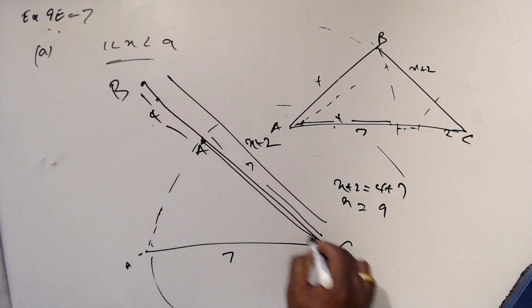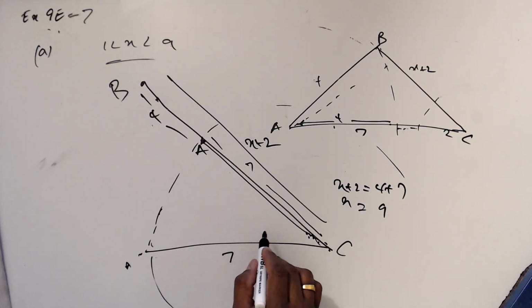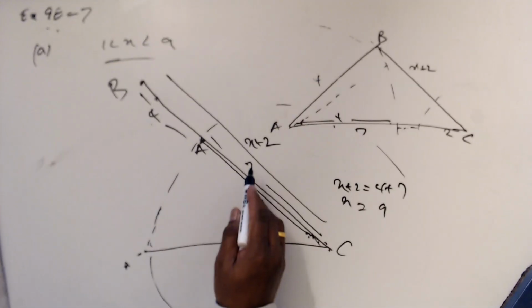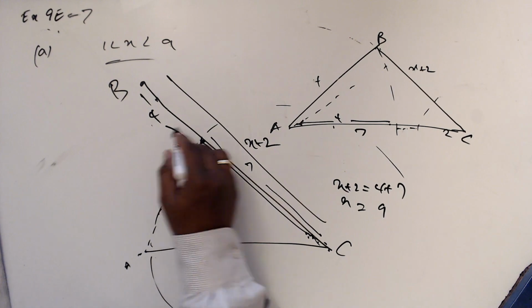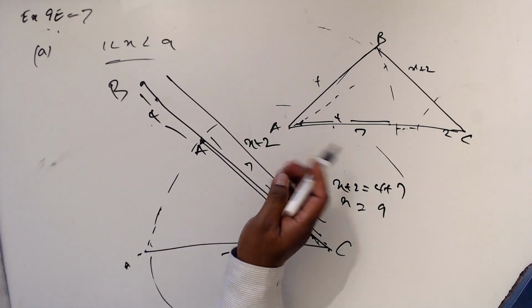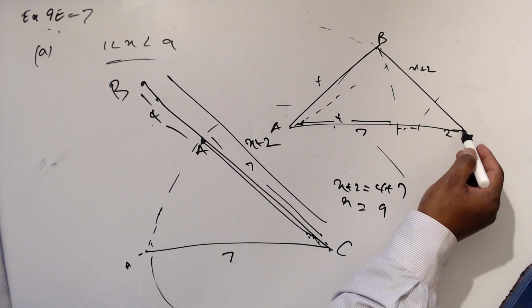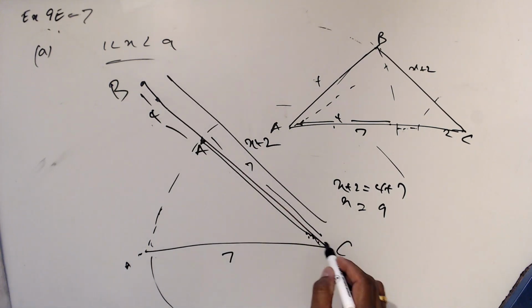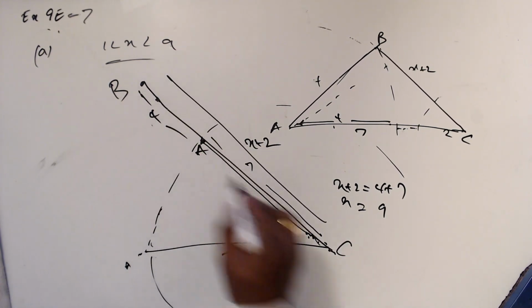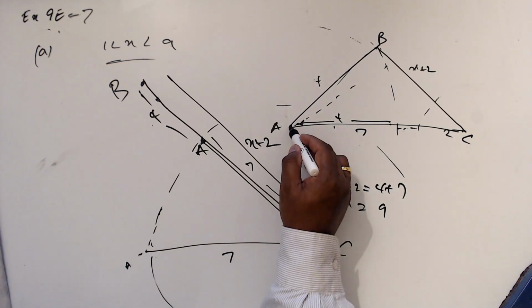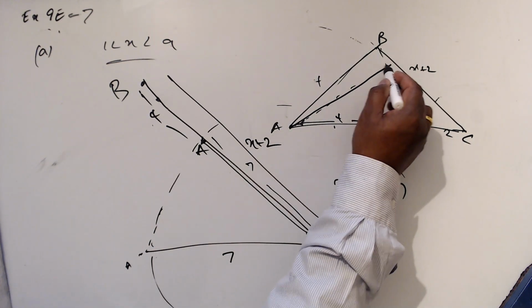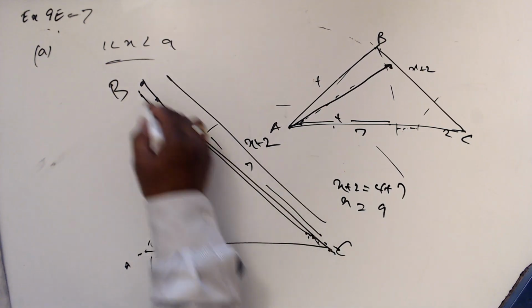x equals 9 is just a line. So to make a triangle, x has to be smaller. Now these are equal, CA and AB equal CB, because I take a line and put it on CB.